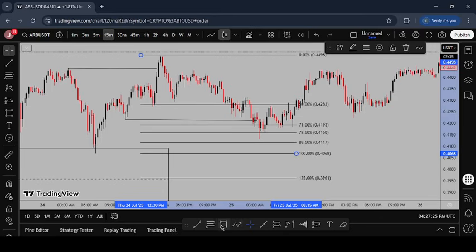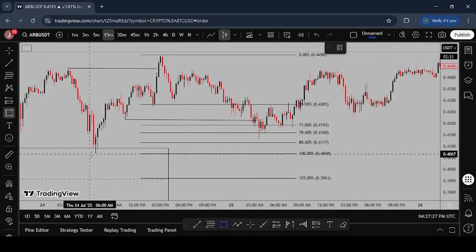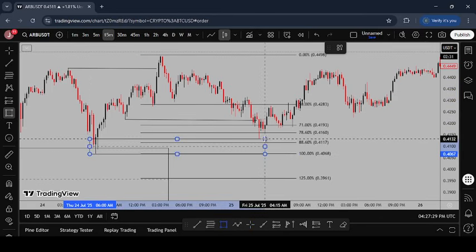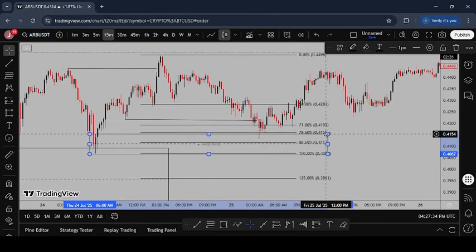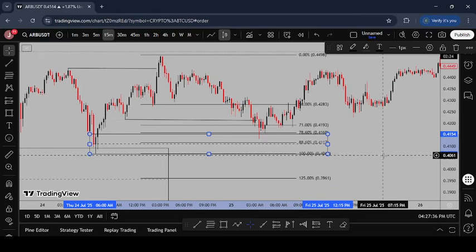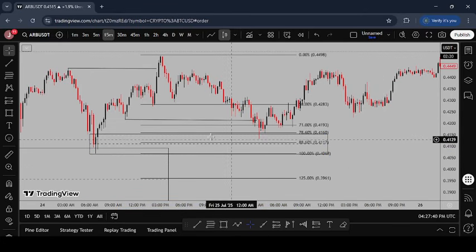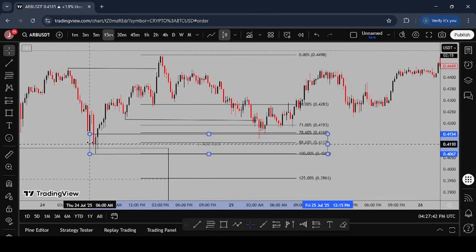If I draw my 15 minutes order block, this is the low, and I stretch it like this, you can see it's resting at my 78.6, 88.6 levels, beautiful levels, optimal entry points, right? You can see it's resting.